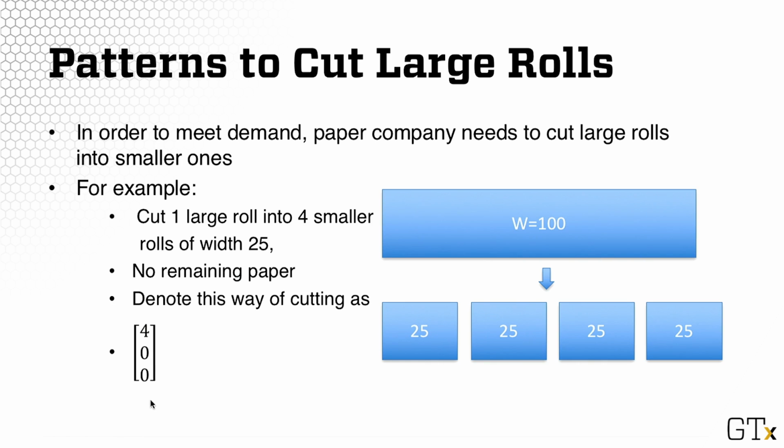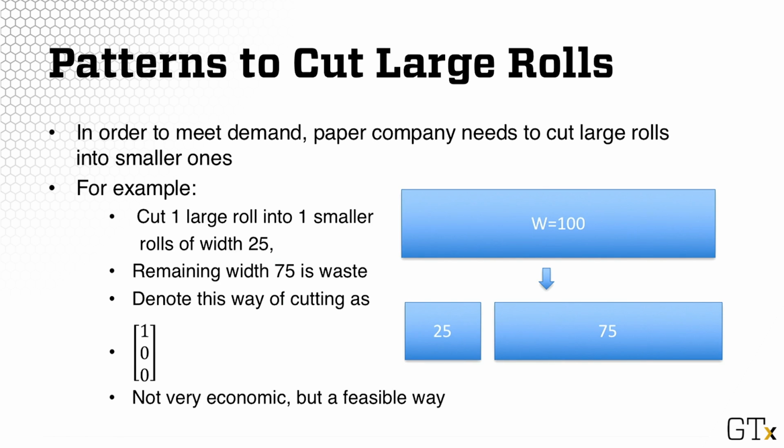You can see there are many, many ways to cut a large roll to satisfy demand. For example, this is not a very economic way. It only cuts 25 to satisfy 1 copy of demand and throws away the rest. I'm not using the rest of the width to satisfy any demand of type 2 and 3. You can ask, why would you do that?